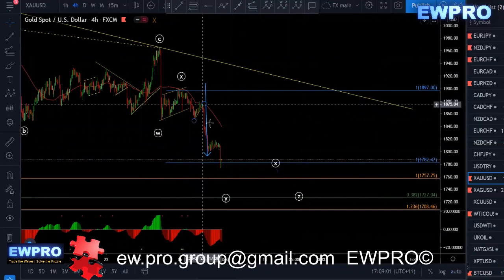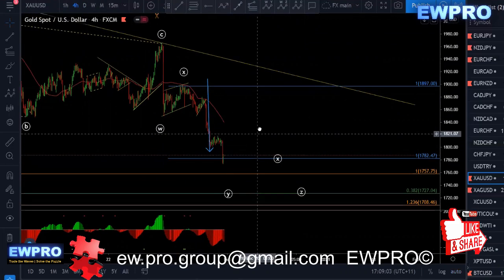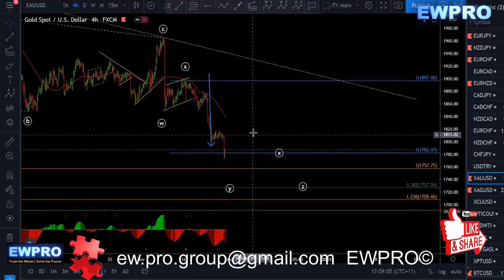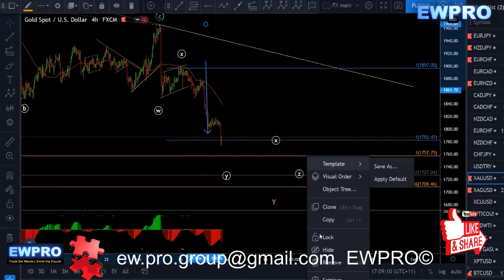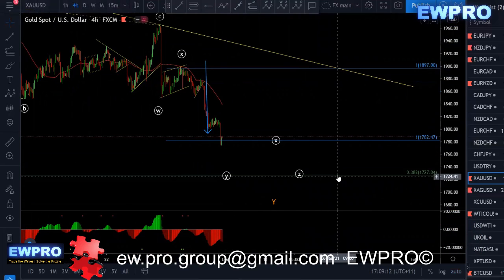This trade here, it's hit the target at the 100 fib now. This is a WXY. This one here, again, I'll just remove this one. Getting too many fibs on here.